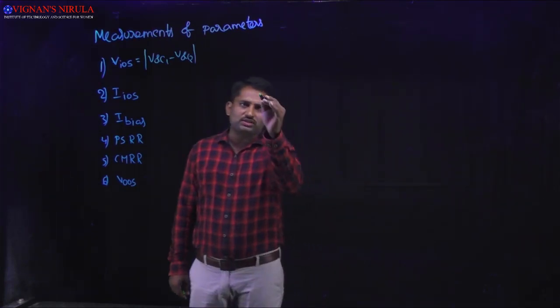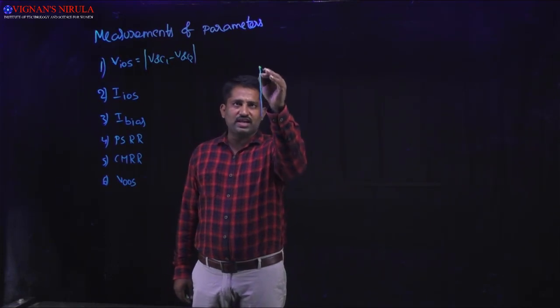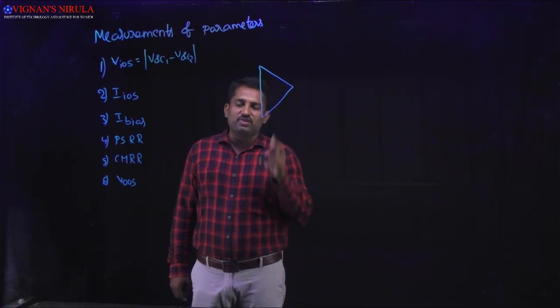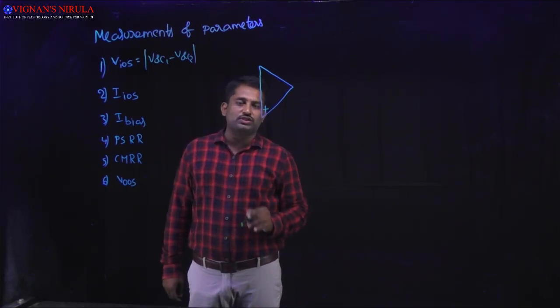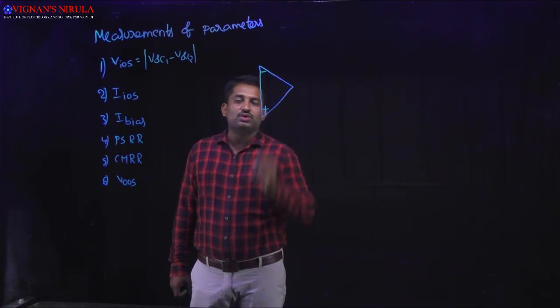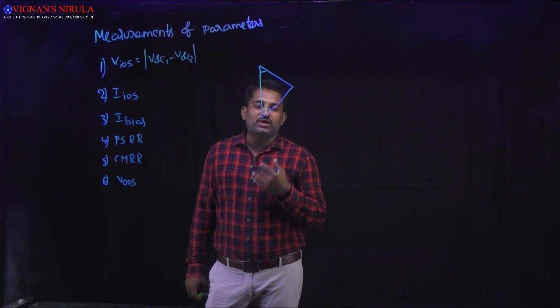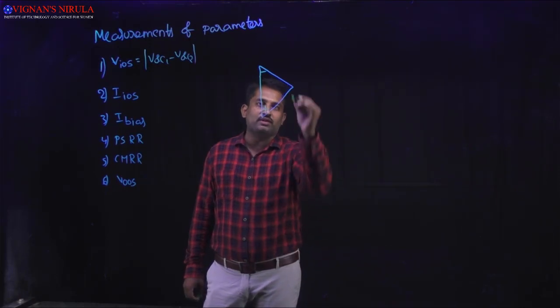For that, first I am going to consider an op amp. The op amp consists of two input terminals, one positive and the other negative. Generally, the positive terminal is treated as the non-inverting input terminal and the negative as the inverting input terminal.